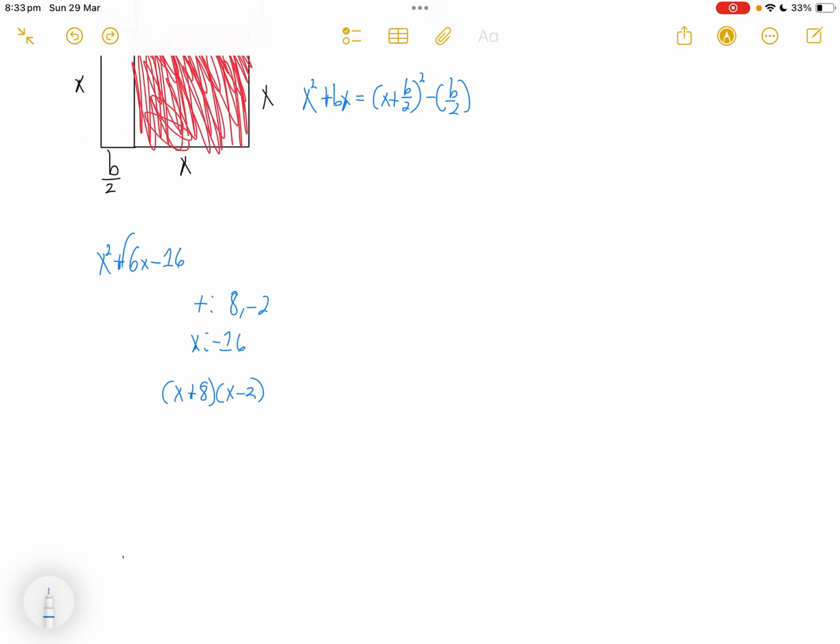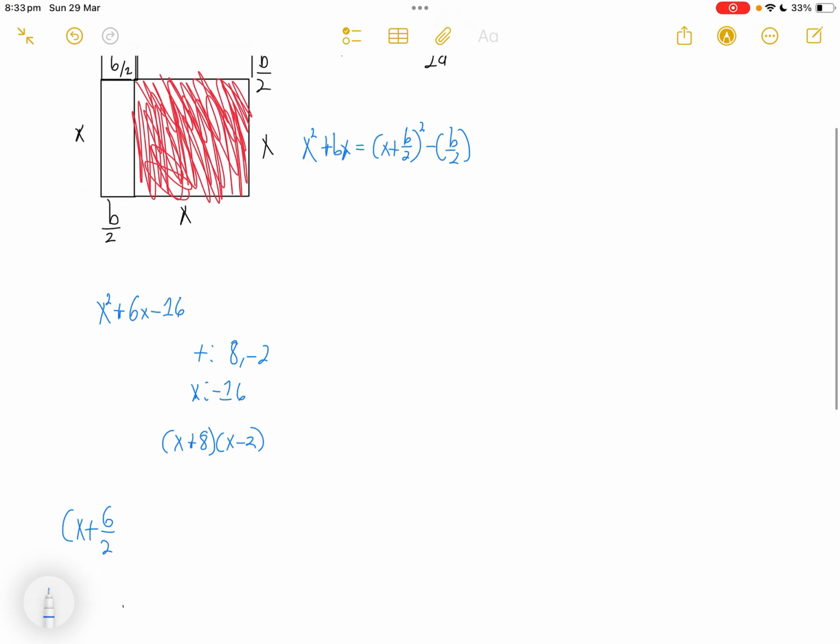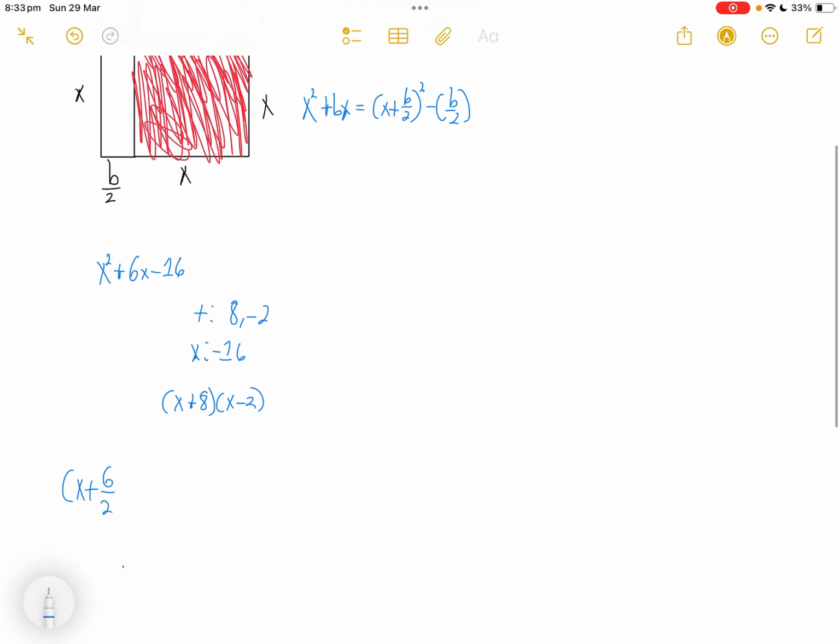So if b is 6 right here, it is going to be x plus 6 over 2, and 6 divided by 2 minus 6 divided by 2, and this is squared.